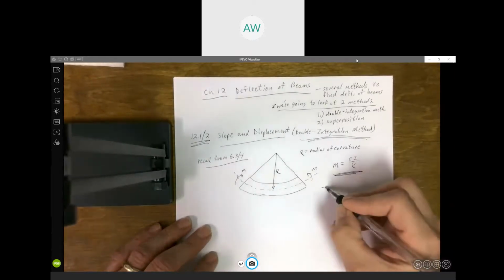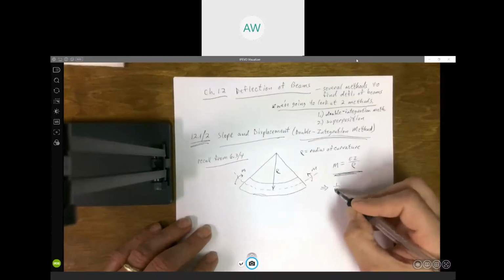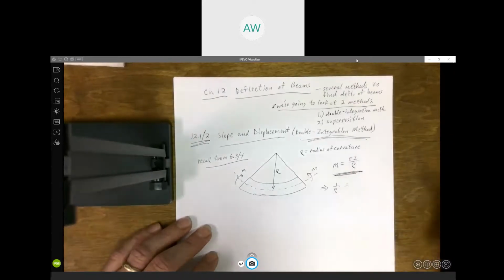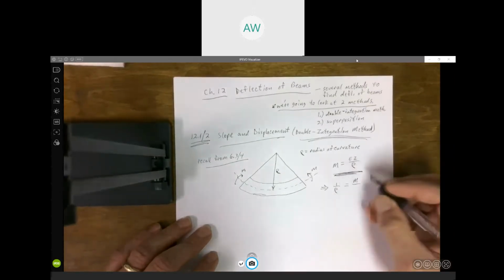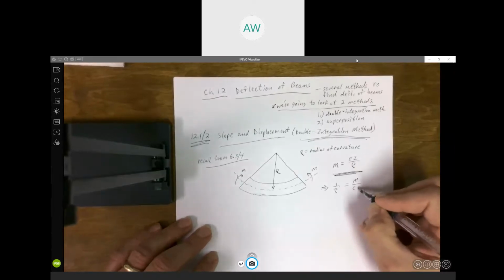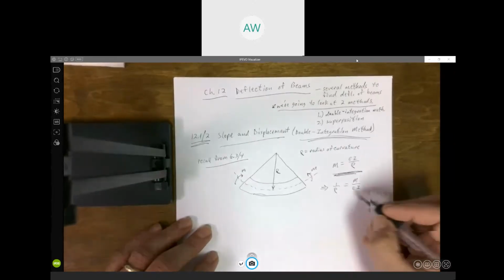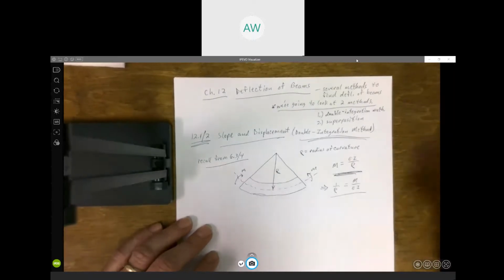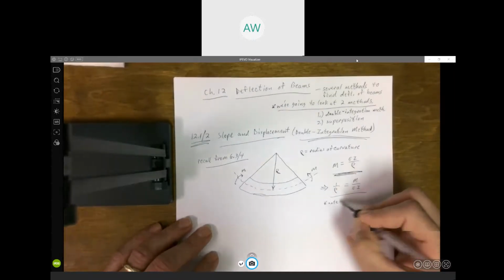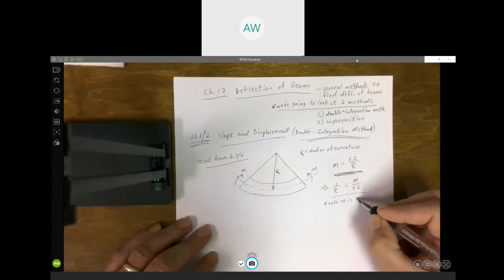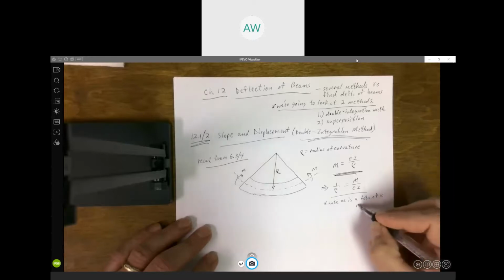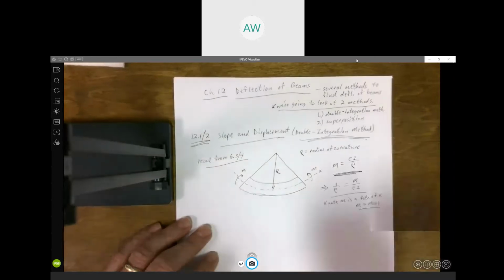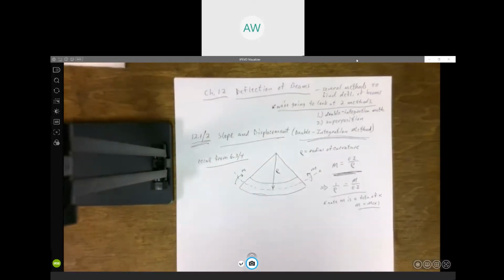But we're going to take that now, and if we divide both sides by EI, we get that 1 over rho is equal to the moment divided by EI. And also note here that M is a function of x, this x-axis being our longitudinal axis.